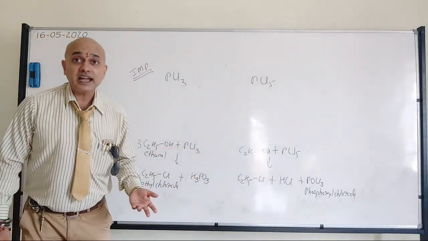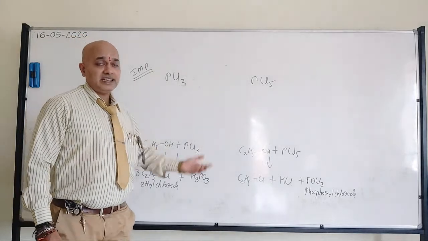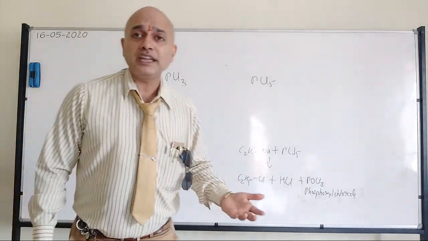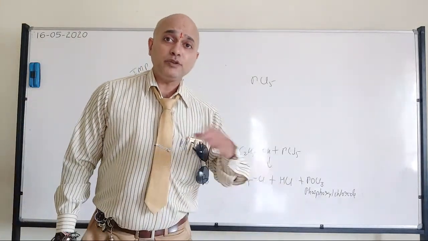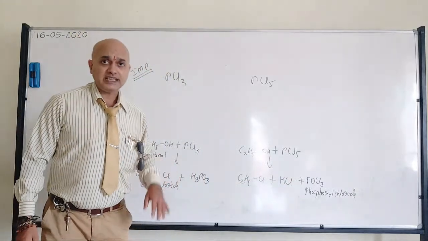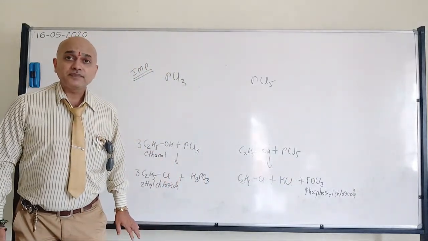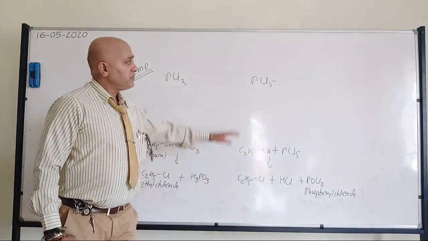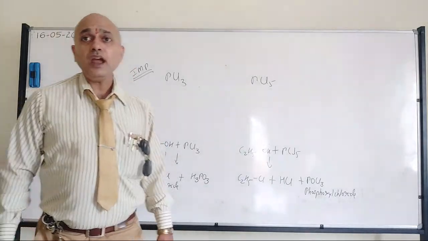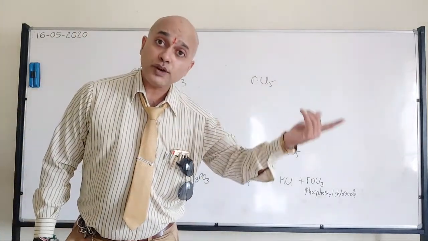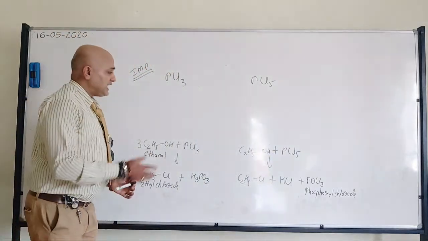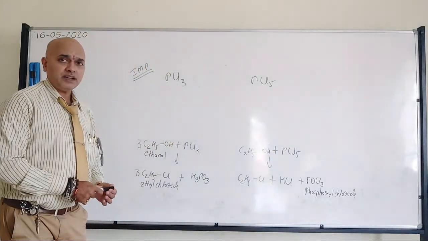So which is that reaction? Whatever we had written here: PCl3 with water will give H3PO3, that is orthophosphorous acid, and HCl. But when it comes to PCl5, it will be orthophosphoric acid. Anyway, we are going to discuss that chemical.